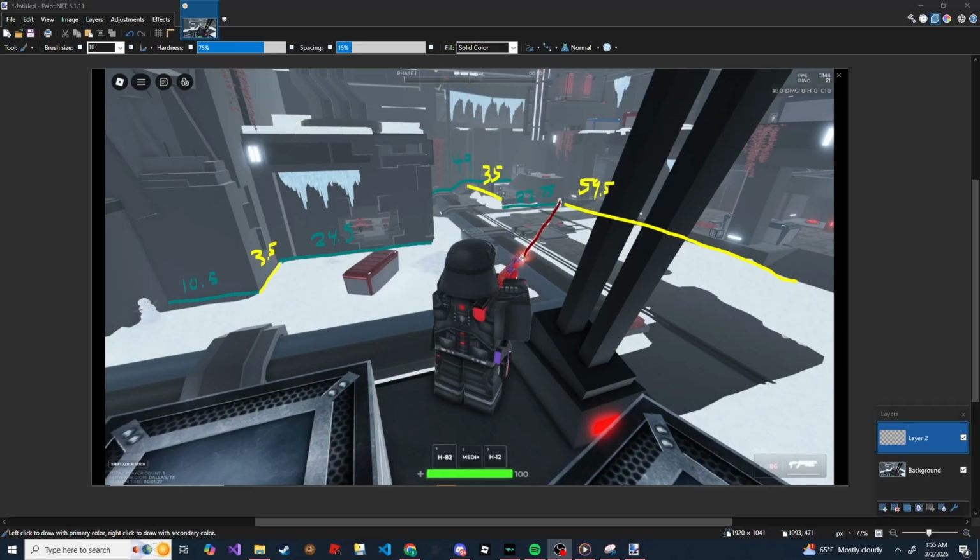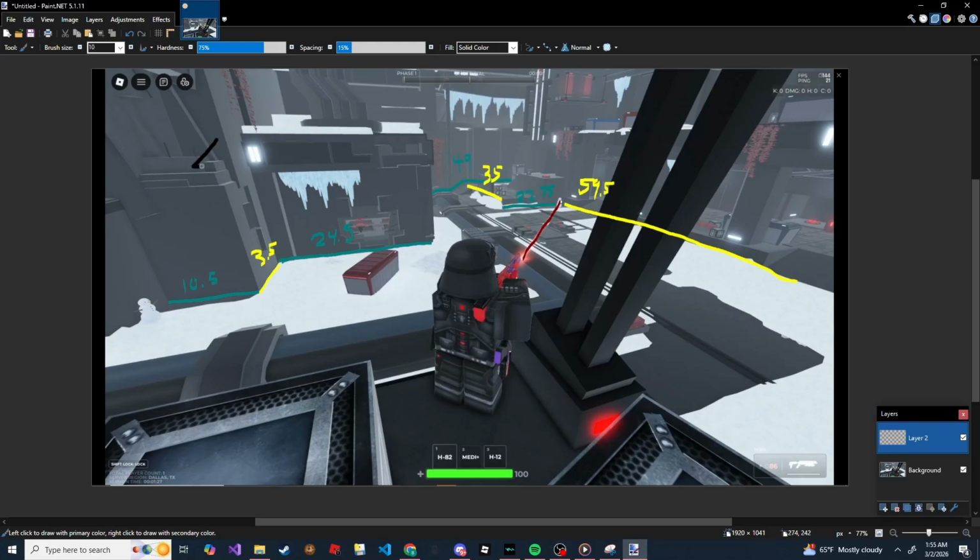Now that we're trying to figure out the speed of the blast itself, this came in the matter of one frame on my screen. I have a 144 hertz monitor, so at the refresh rate of 144 hertz, a single frame corresponds to the reciprocal of the frequency. So delta t equals 1 over 144 seconds. This is the amount of time that the bullet took to travel.